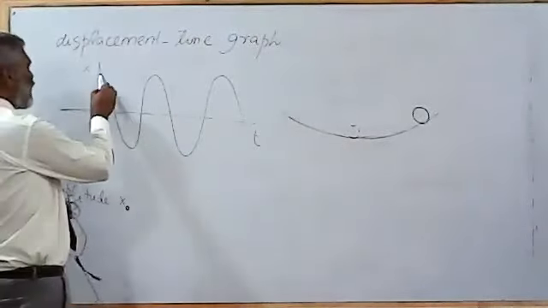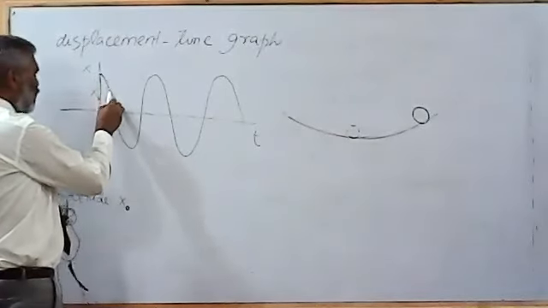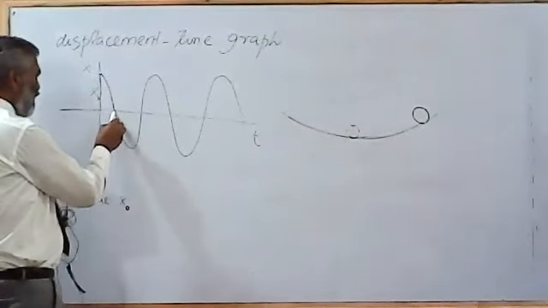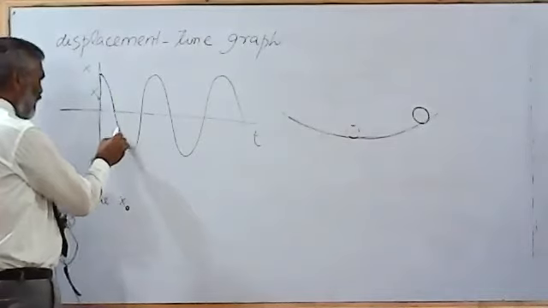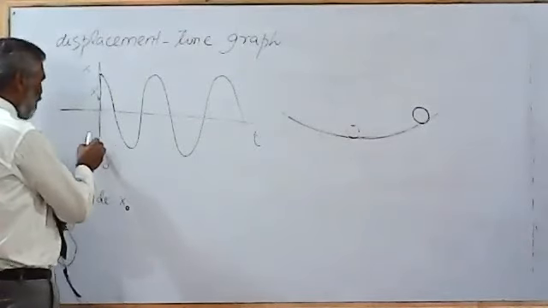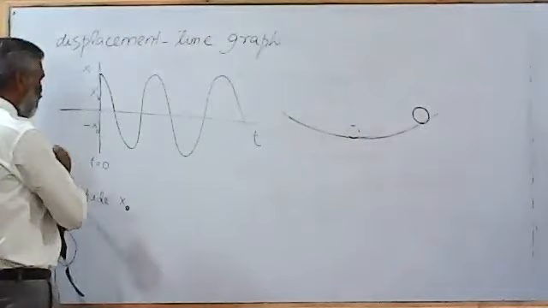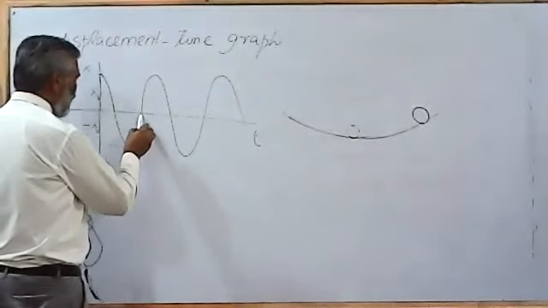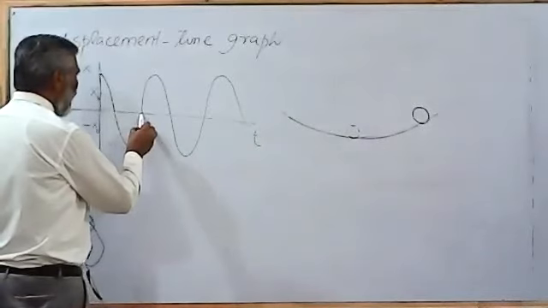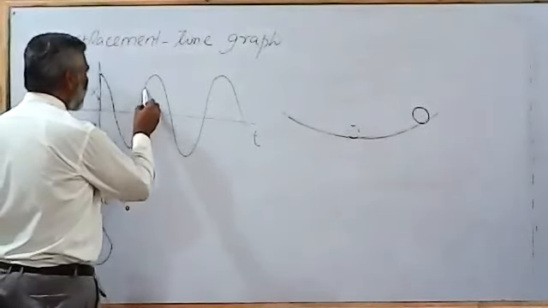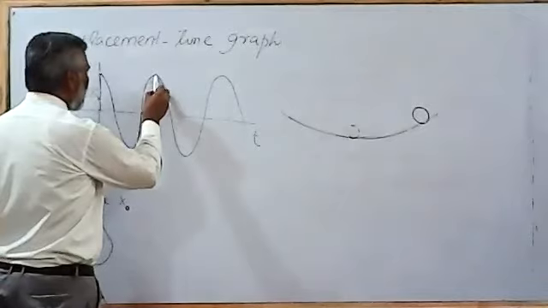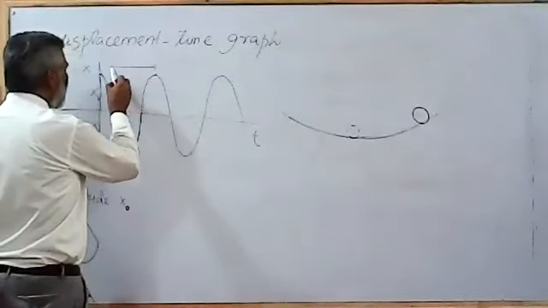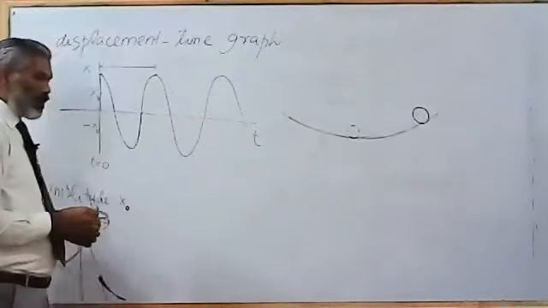So if it started here, it goes to the mean position where x becomes 0. It goes to the other extreme where you have minus values of the amplitude. Then it goes to the mean position where x drops to 0 again. And then it goes back to where it started. So this is where it completes its oscillation.